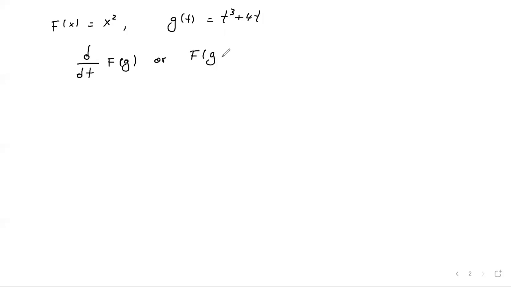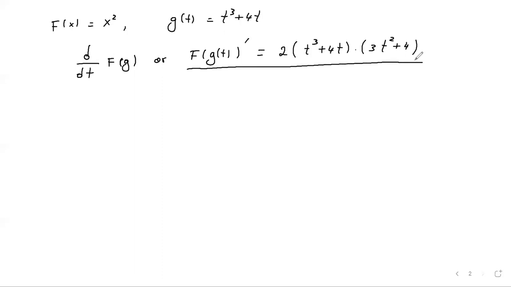We said that our function f of x was x squared, g of t was t cubed plus 4t, and we found that d over dt of f of g, or equivalently f of g of t primed, is equal to, and we just calculated, 2 times the quantity t cubed plus 4t times 3t squared plus 4. All right, so this is the derivative.